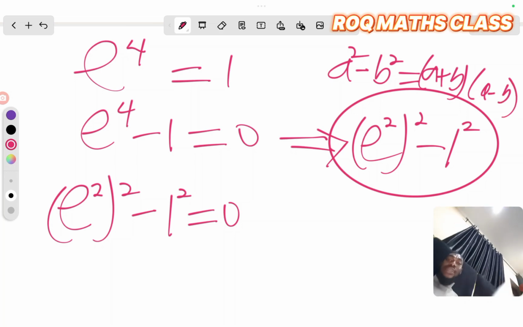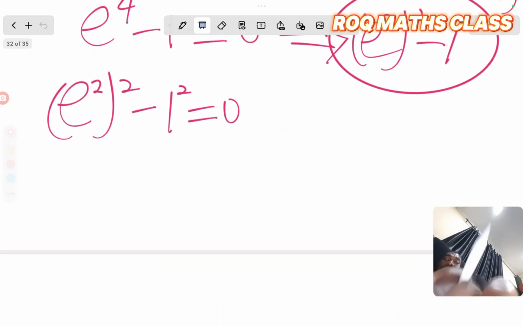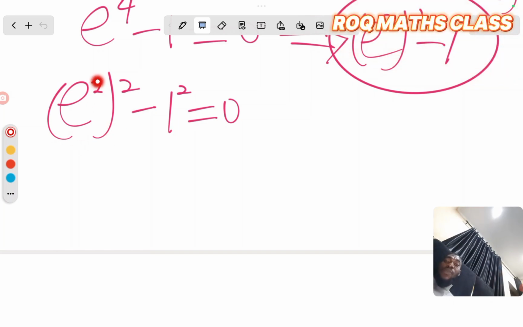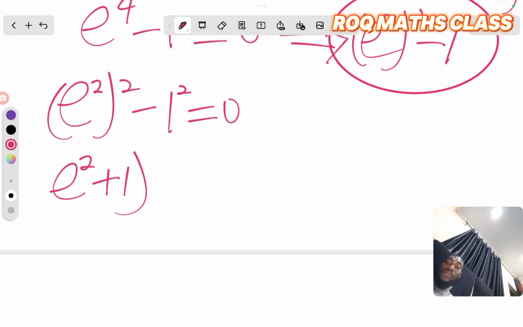So in that case, this can be written as e to the power of 2 plus 1 and e to the power of 2 minus 1, equals to 0.